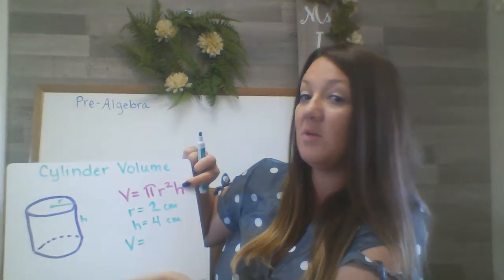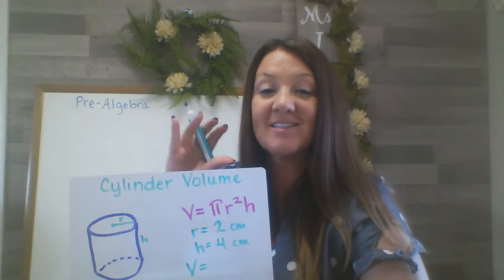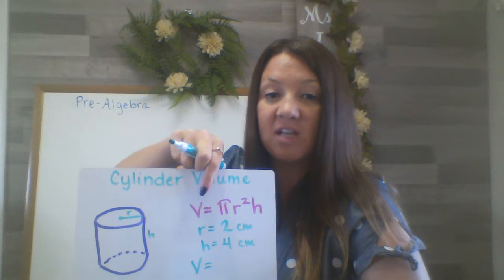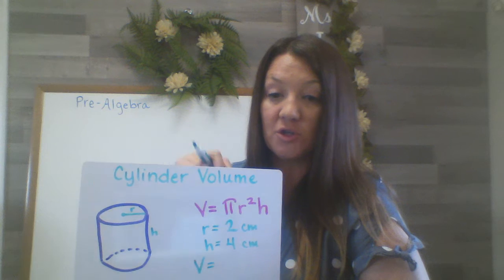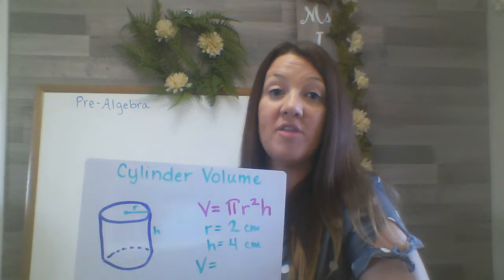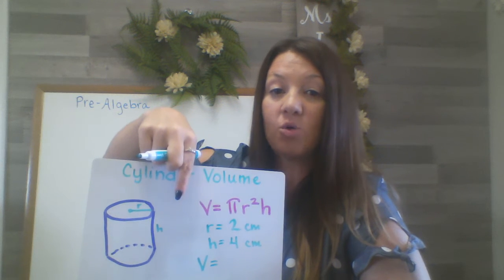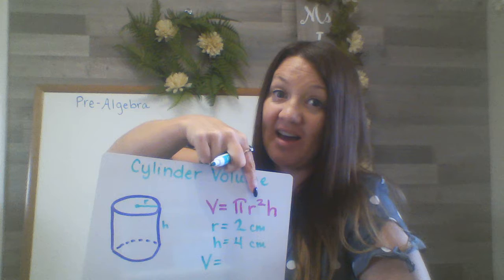So when you find the volume of the cylinder, now we are multiplying several centimeters by each other, right? So when you square something, such as with the area of a circle or a rectangle, we call that square feet, square centimeters. So now we are squaring something, and then we are multiplying it by the height.